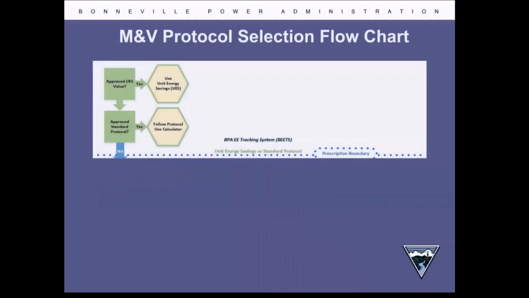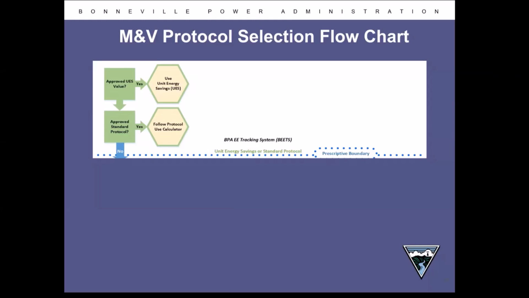If you are familiar with the chart already, it still starts at the top. You'll see you have a unit energy savings or standard protocol section at the very beginning. So if you have a unit energy savings or UES measure, we want you to use the UES standard savings, or if it's a standard measure with a simplified calculation, then we want you to use the standard calculation protocols, regardless of the kind of project.